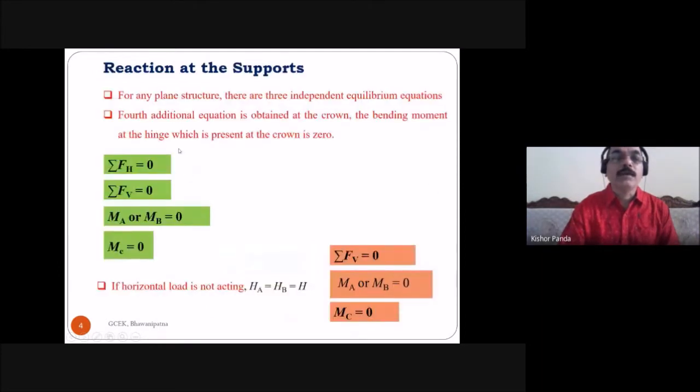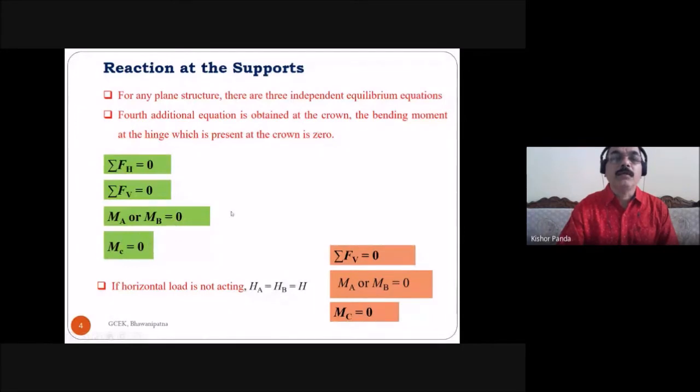So how will you find out these unknown reaction components? For any plane structure, there are 3 independent equilibrium equations. But in this case, there are 4 unknown reaction components. So you need one more equation.